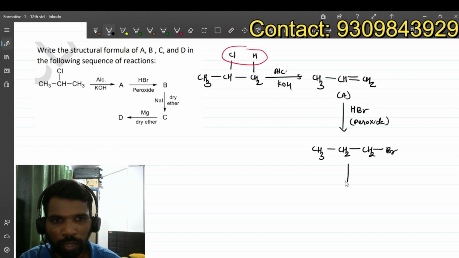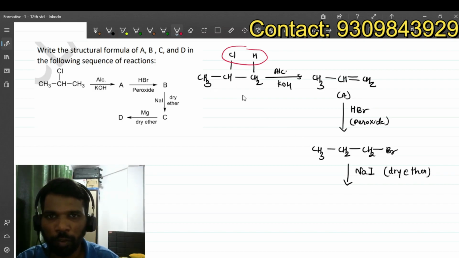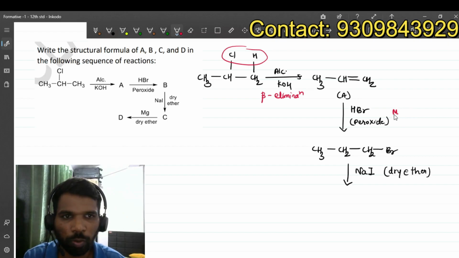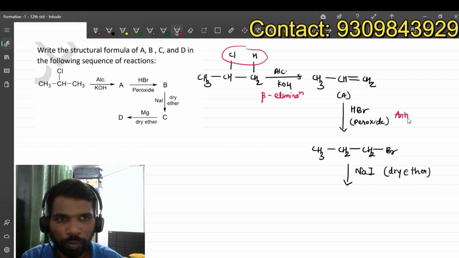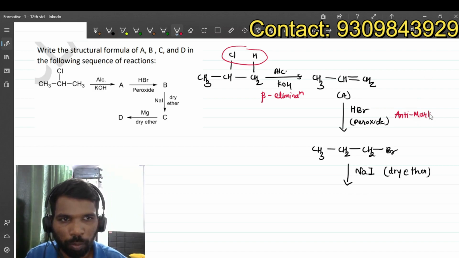Next is in the presence of sodium iodide and dry ether. This is a Finkelstein reaction. I'll write it step by step. On the arrow I will write beta elimination. From here to here this is anti-Markovnikov's reaction.